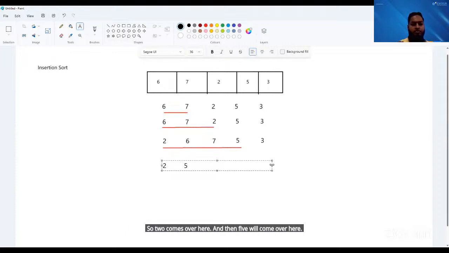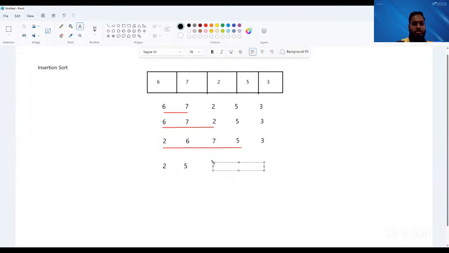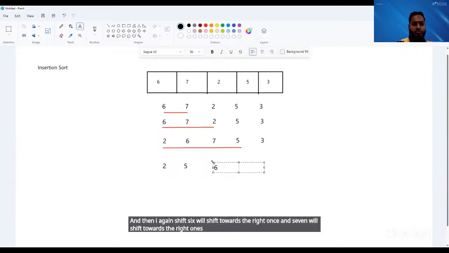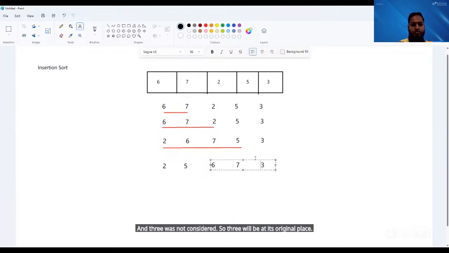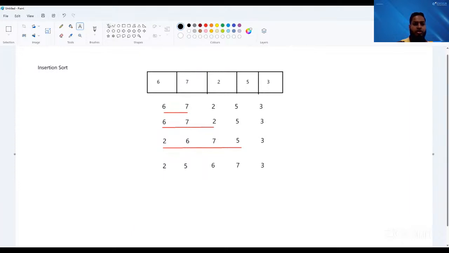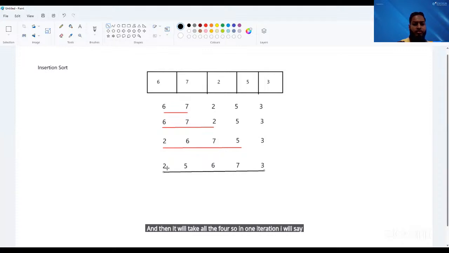And then again shift: 6 will shift towards the right once, and 7 will shift towards the right once. And 3 was not considered, so 3 will be at its original place. So in one iteration, it will take one number at a time and sort it.